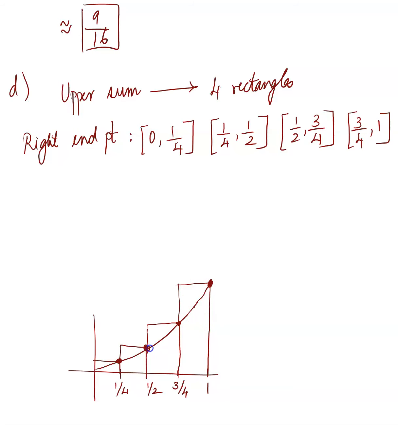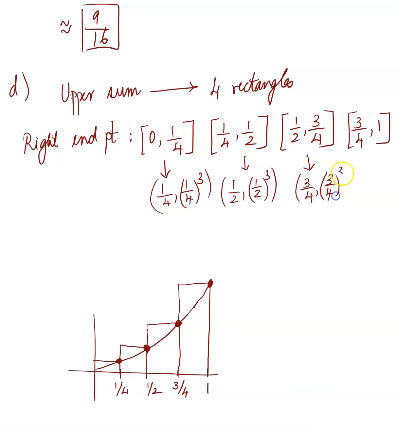Make sure you have all the right end points marked. So keeping that in mind, this would be 1 over 4, 1 over 4 cubed, 1 over 2, 1 over 2 cubed, 3 over 4, 3 over 4 cubed.